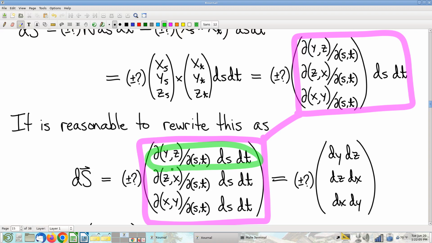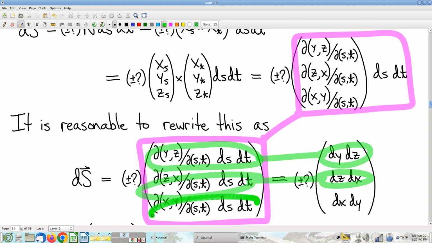In another context, where we were doing a change of variables from the st plane to the yz plane, we wouldn't give this a second's thought. We would just write that down as dy dz and proceed. Again, this is another little math crime, but it's like those cancel. They don't, but it's as if they do, and so very reasonable to call this dy dz. Seem reasonable? Okay. And then likewise, of course, for these other coordinates, that should be dz dx, and that should be dx dy. Now, real quick.